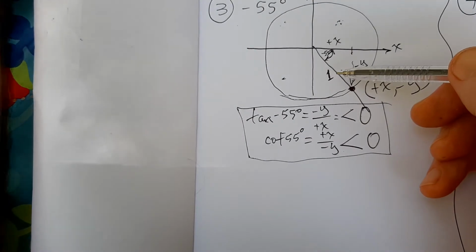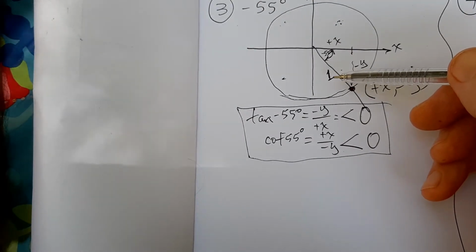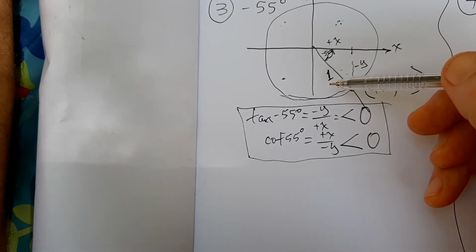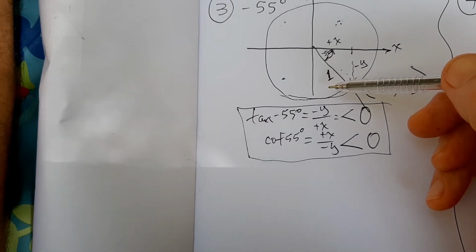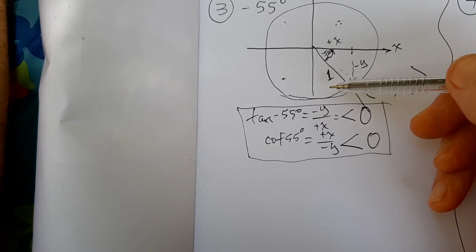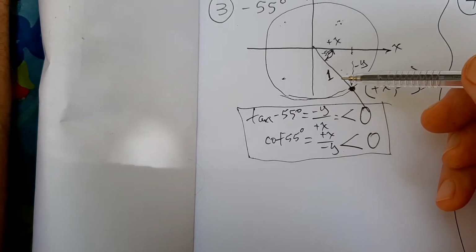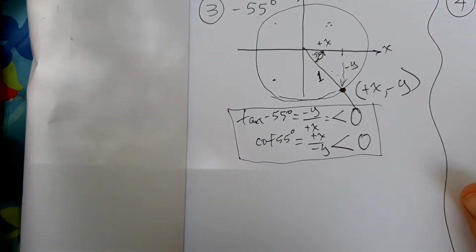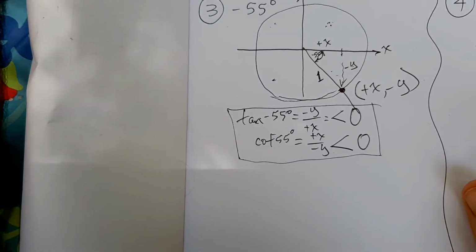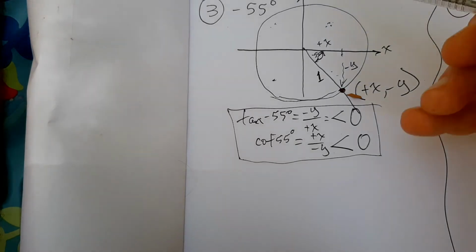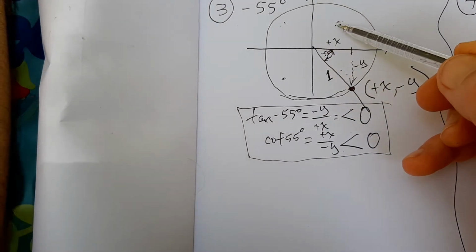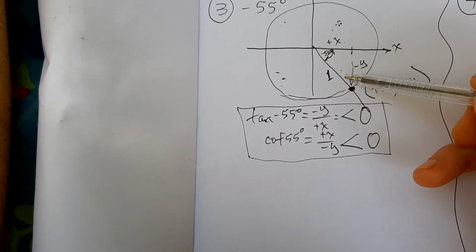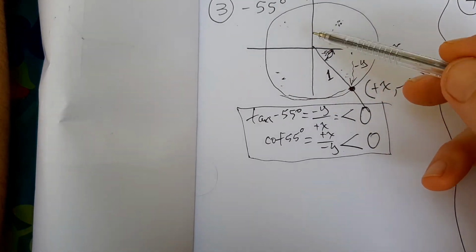If you study this a little every day, you can memorize easily that tangent and cotangent are positive in the first and third quadrants and negative in the second and fourth quadrants.